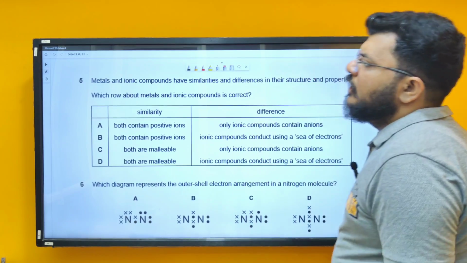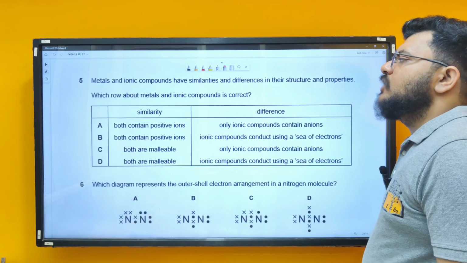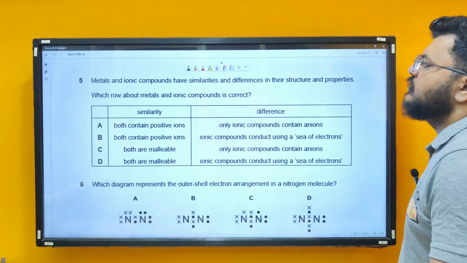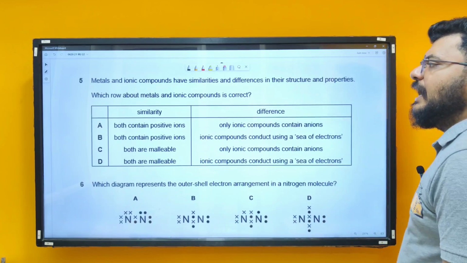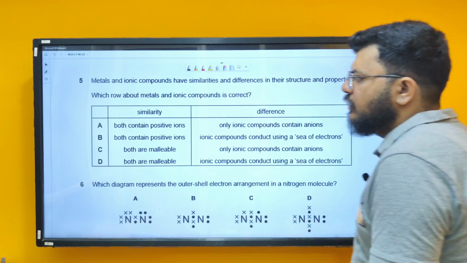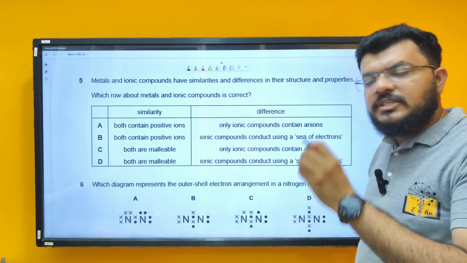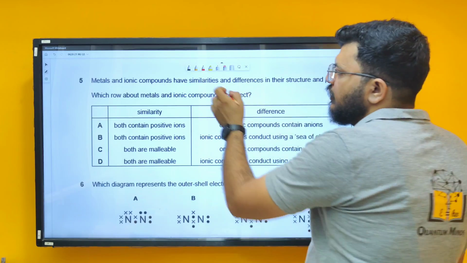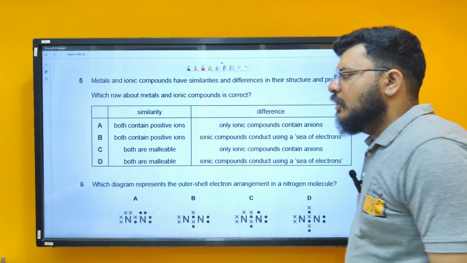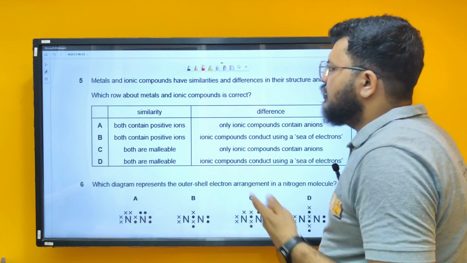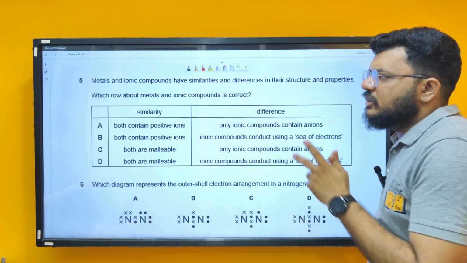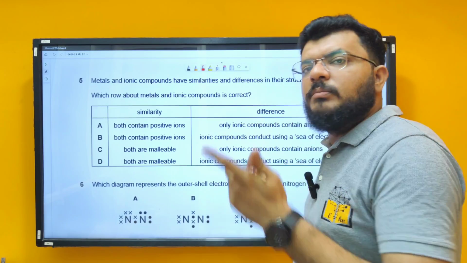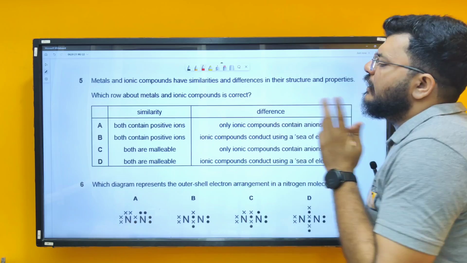Question number 5. Metallic and ionic compounds have similarities and differences in their structure and properties. Which row about metals and ionic compounds is correct? We have to find out which are the correct similarity and difference. Both contain positive ions. Yes, metals contain positive ions and delocalized electrons, and ionic compounds contain positive and negative ions, or cations and anions.